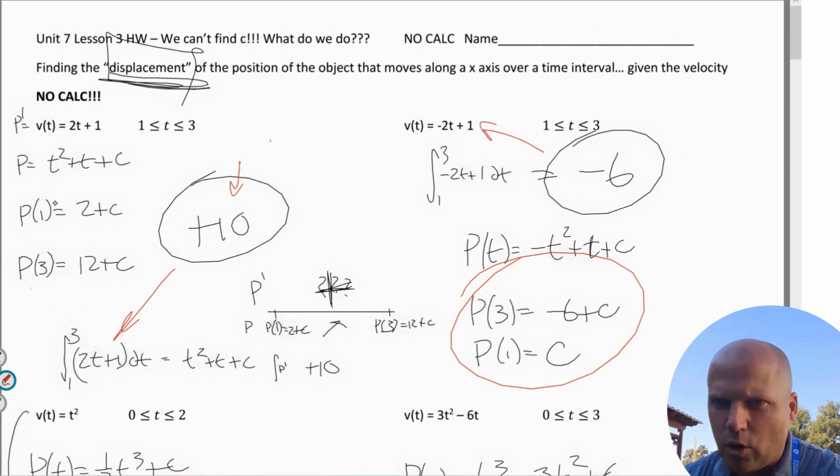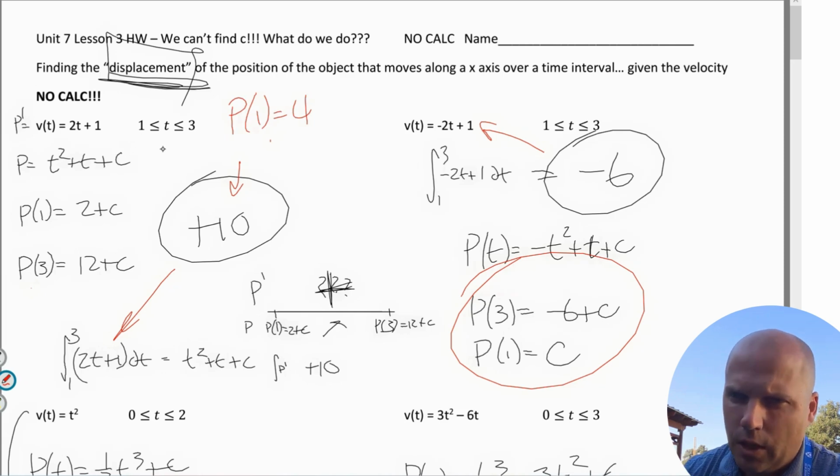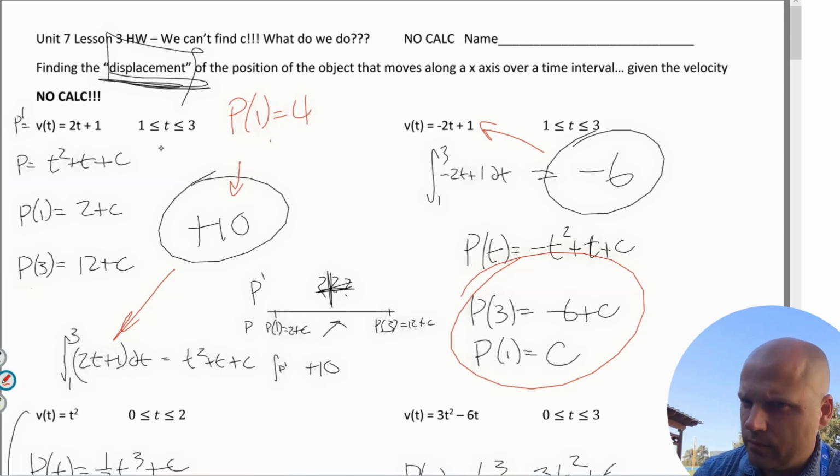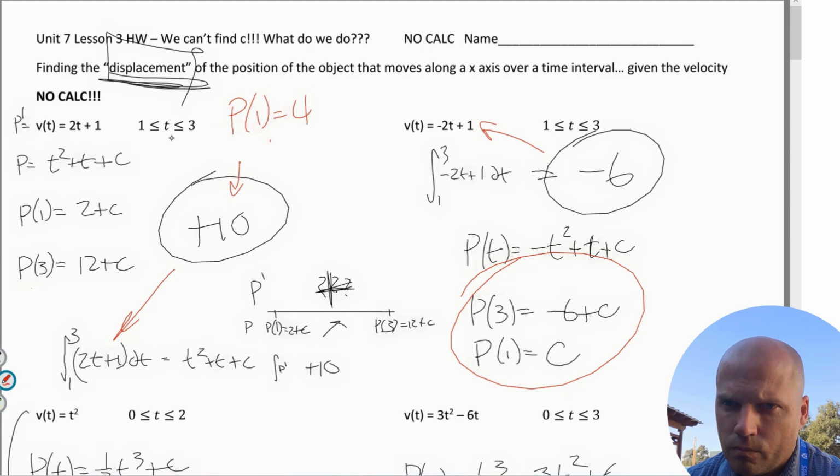Well, if the position at time 1 was 4, then C is 2, because I plug in 1 for t and I get 2 plus C equals 4, and I get C equals 2. Okay, so C is 2.